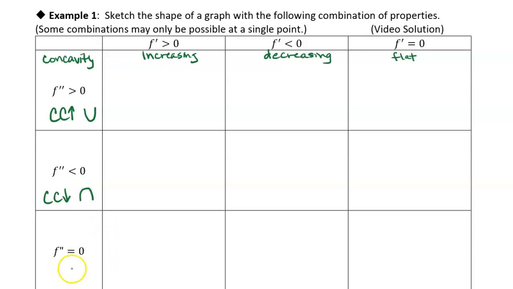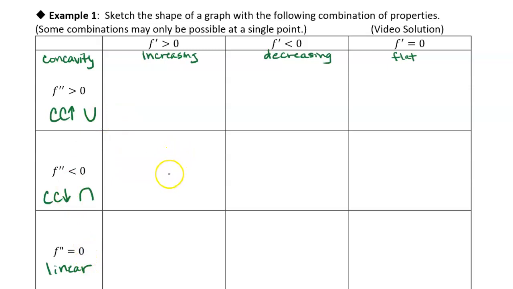And if the second derivative is zero, well, then there's no concavity. It's linear. The first derivative is constant, so the second derivative is zero. There's no change in the first derivative.